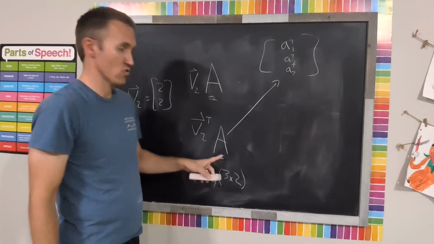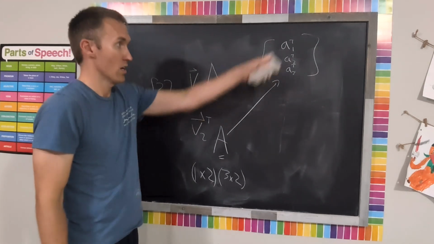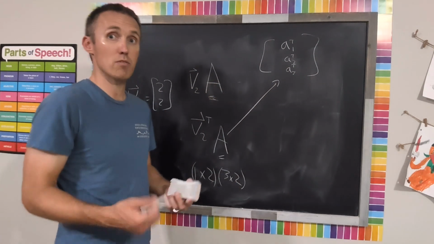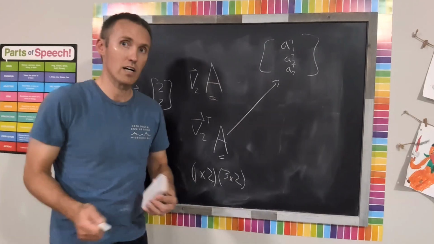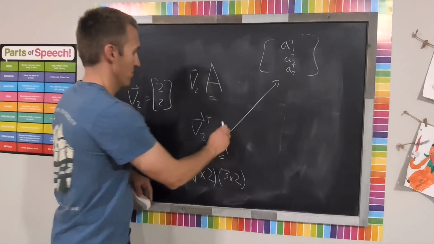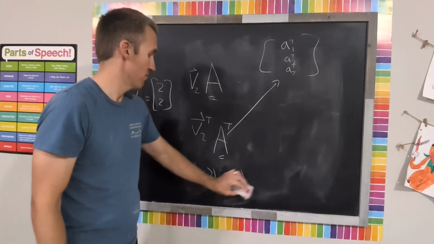If we tried to do this matrix vector multiplication, we would end up multiplying 2 numbers by 3 numbers over here. Not going to work. We need those vectors to be the same dimension so that that multiplication can work. Now we could do the transpose of A. If we did that, A becomes 2 by 3.